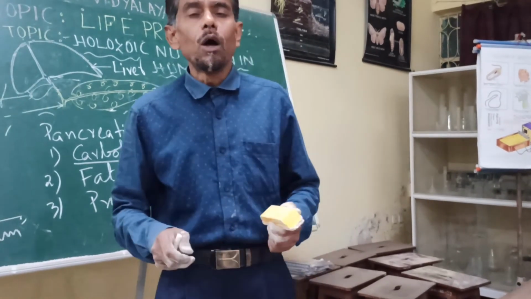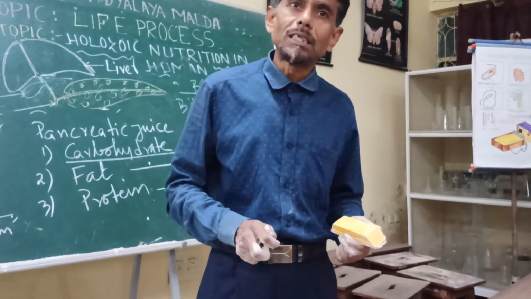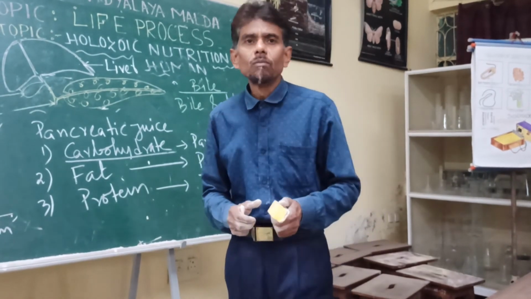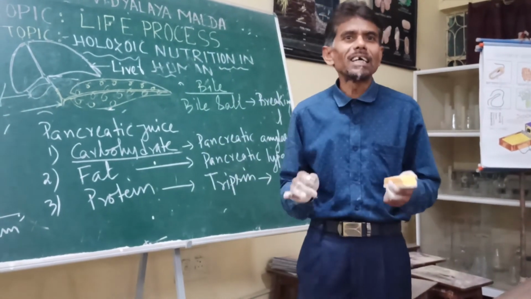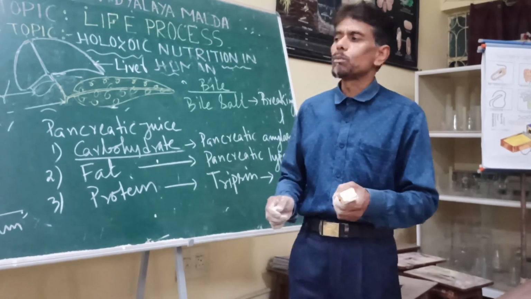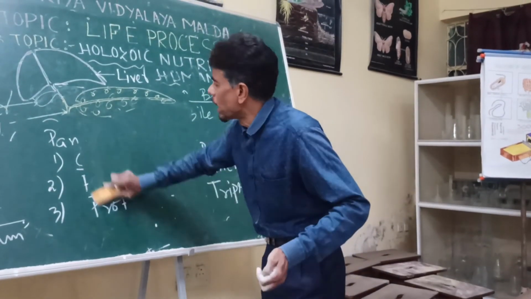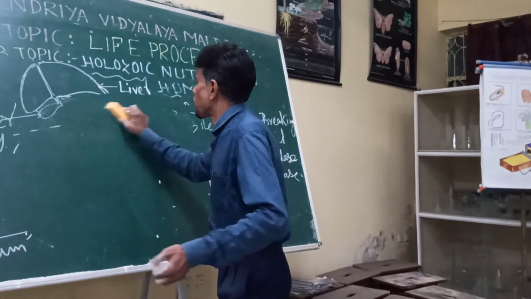The intestinal wall also contains digestive glands. Their secretion together we call succus entericus, which helps in the final conversion into the simplest form.